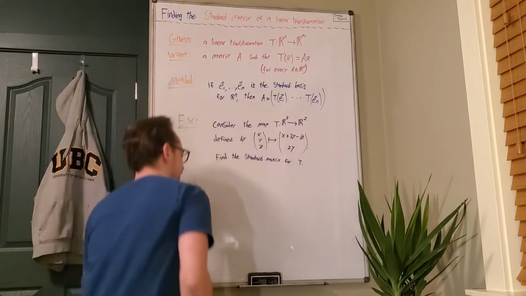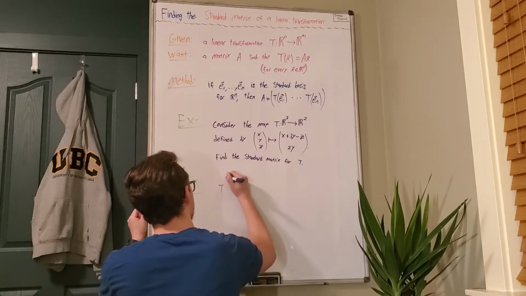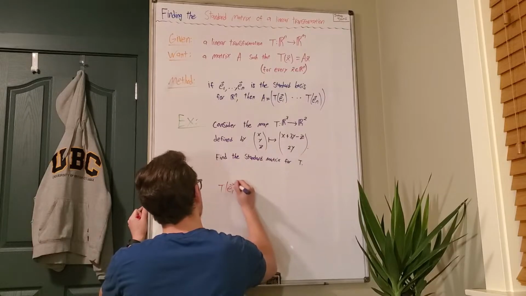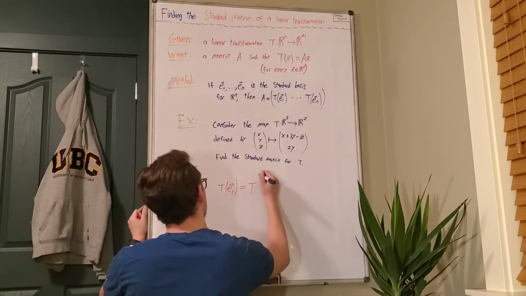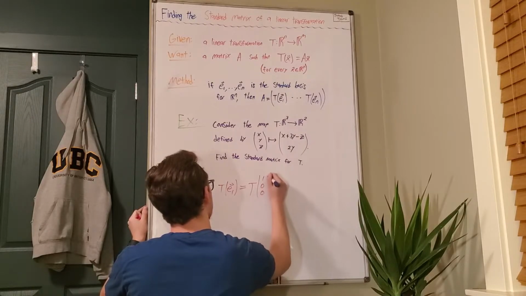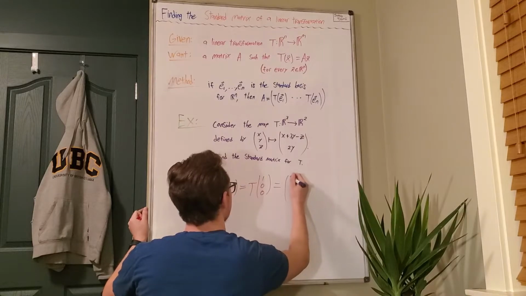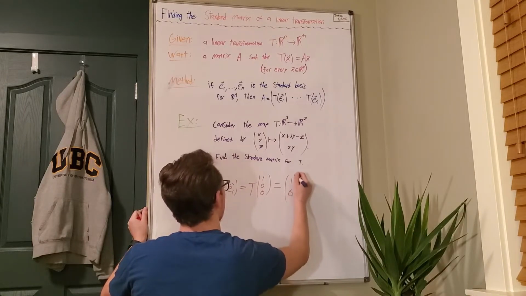Okay, so we're just literally applying the definition. We have T of e1, right? Remember that in this case we're talking about R3, so T of (1, 0, 0) just gets mapped to the vector (1, 0).